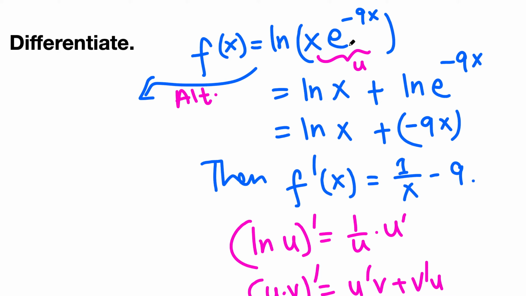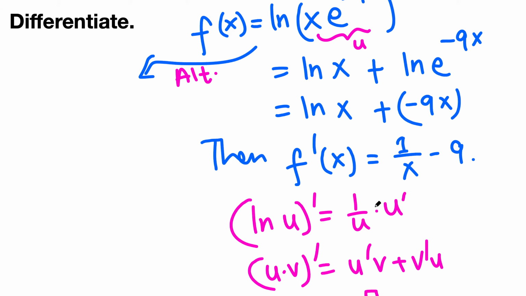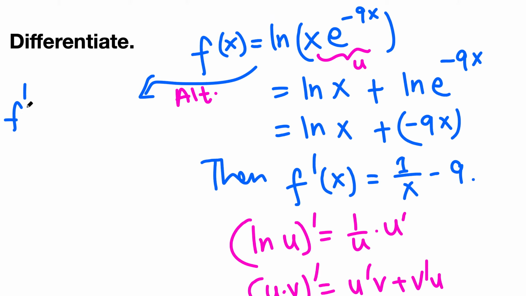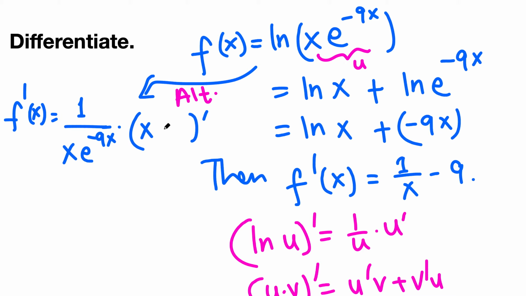Natural log of u. Then when we use this formula, the derivative is 1 over u, which is x e raised to negative 9x, times the derivative of this u, which is x times e raised to negative 9x. This derivative means we have a product, so we must use the product rule.